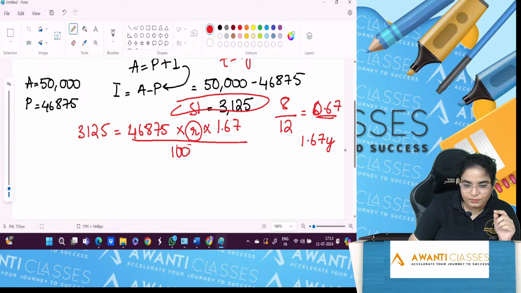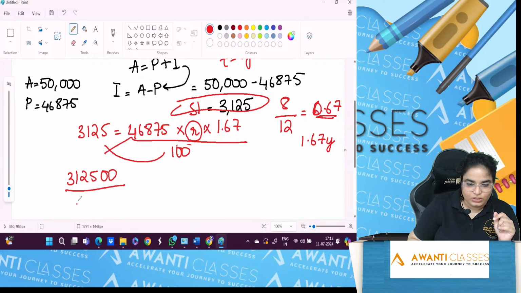If we want to take out the 100, we can do 312500 divided by 46875.